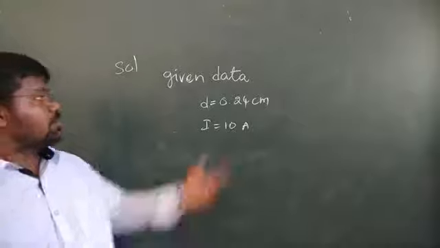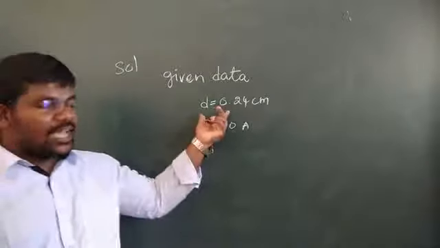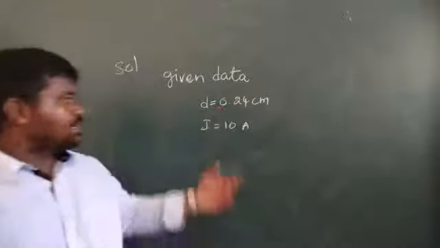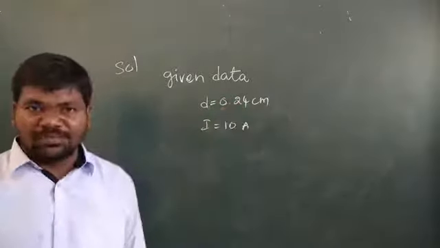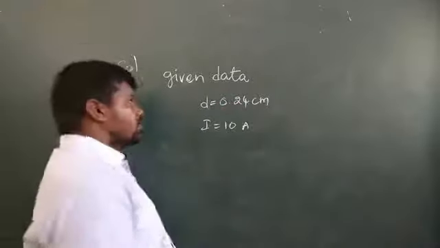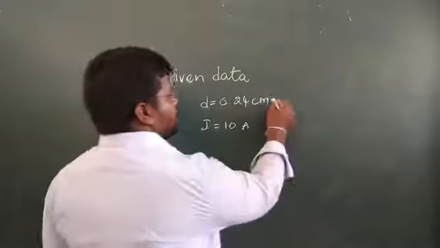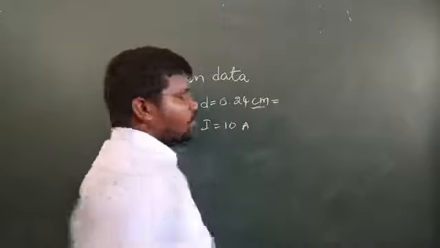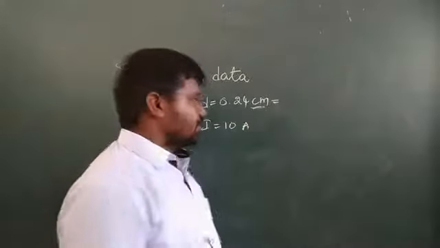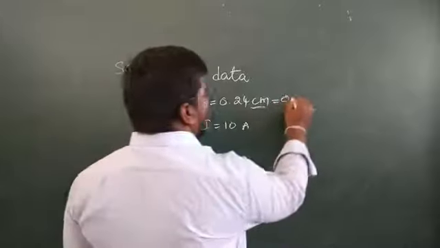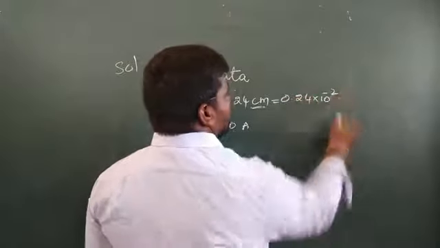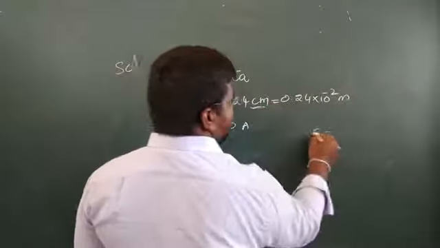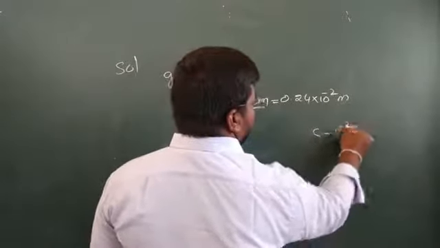From the question, they gave diameter equal to 0.24 centimeters, which is in centimeter. We can convert it to meters: 0.24 into 10 power minus 2 meters, since centi means 10 power minus 2.